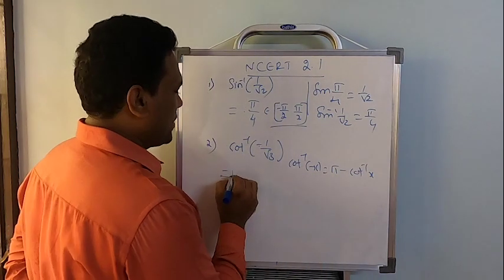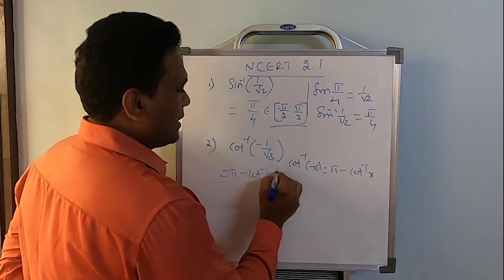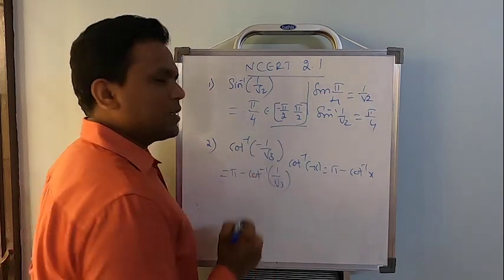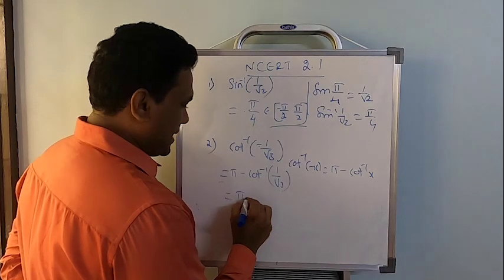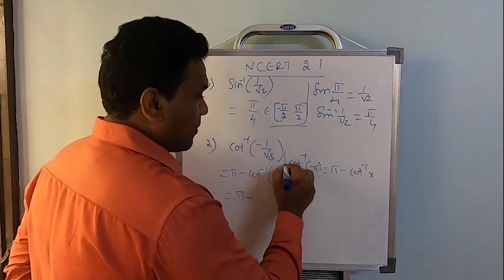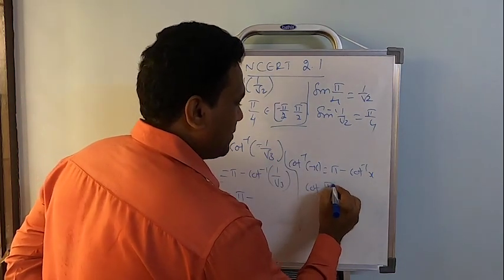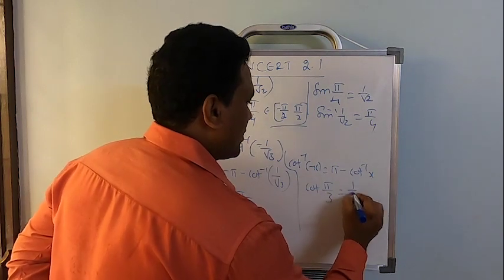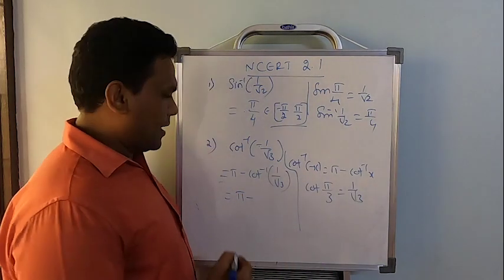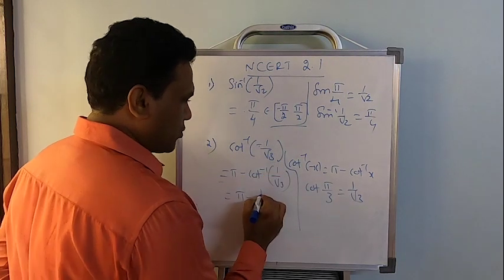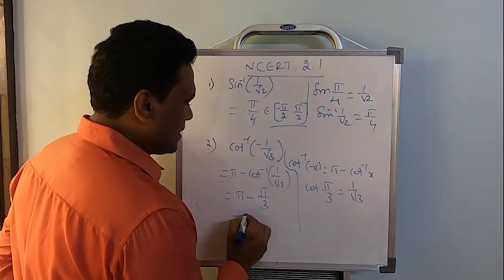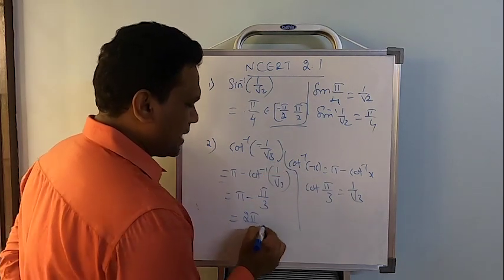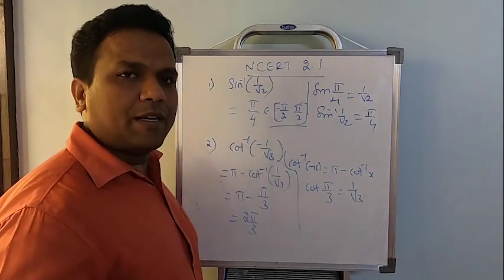So apply the formula here: pi minus cot inverse 1 by root 3. So pi as it is, minus. In the cot table, cot pi by 3 is 1 by root 3. So cot inverse 1 by root 3 will be pi by 3. Simplify. The answer is simply going to be 2 pi by 3.